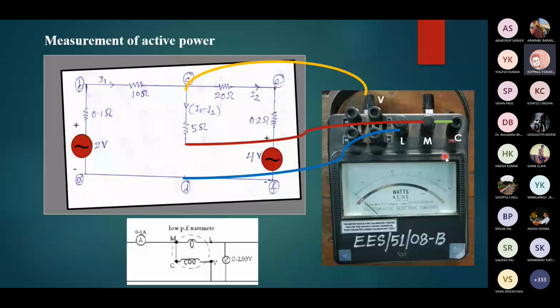Understood? Okay. Through wattmeter you cannot get separately the voltage and current. For that you have the voltmeter and ammeter respectively. But wattmeter is giving you how much wattage is consumed by the load. Understood?